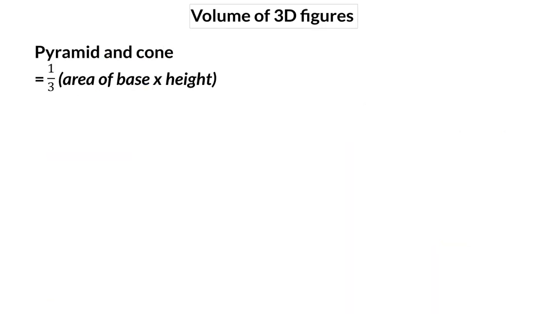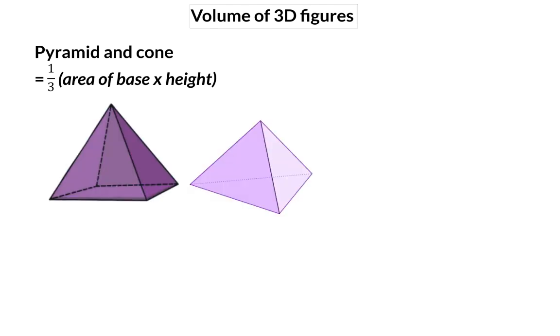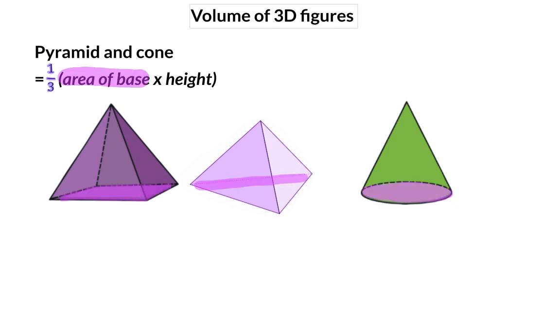If we now move on to a pyramid and a cone, we once again have a basic formula that we can use for all right pyramids as well as the cone, and that is simply a third multiplied by the area of the base multiplied by the height. For the square pyramid, this can then be rewritten as a third side squared times height.